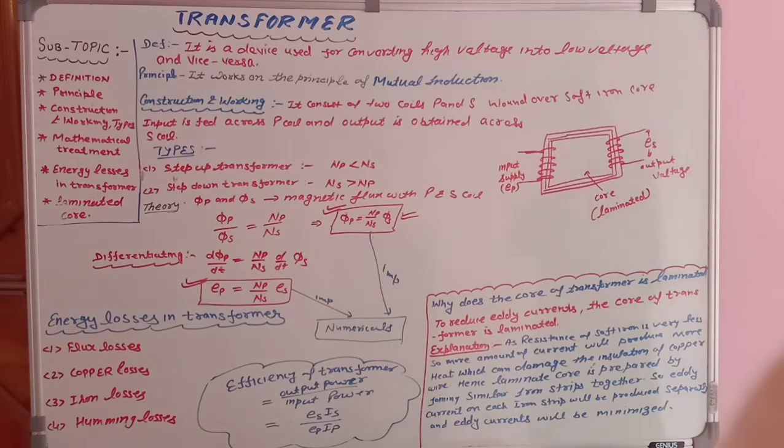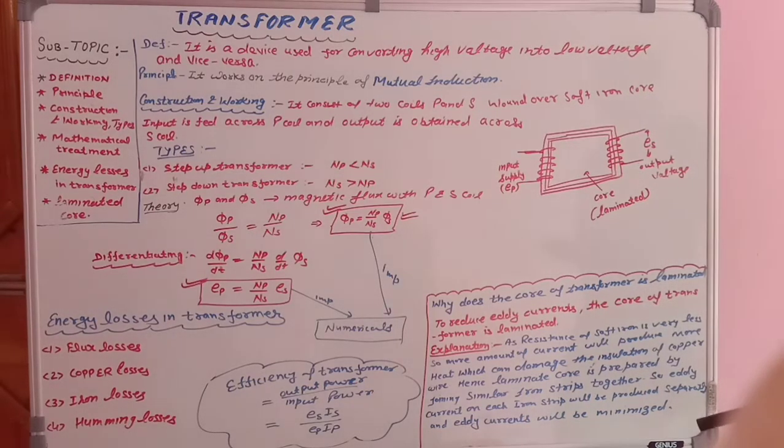We are laminating our soft iron core, putting 2, 3, 4 or more strips together, one strip over another, second strip, third strip, fourth strip. Here I have taken only 3 strips, but you can draw more, and that we call lamination. Why it is laminated, we will study at last.